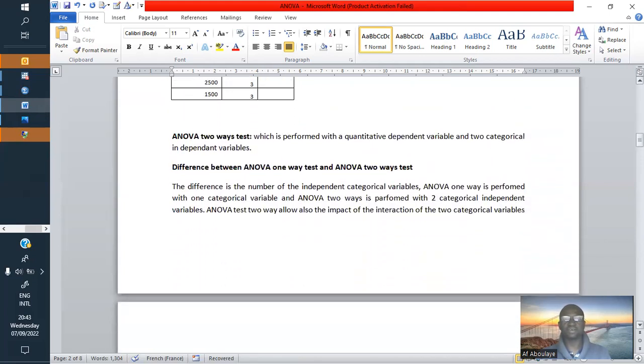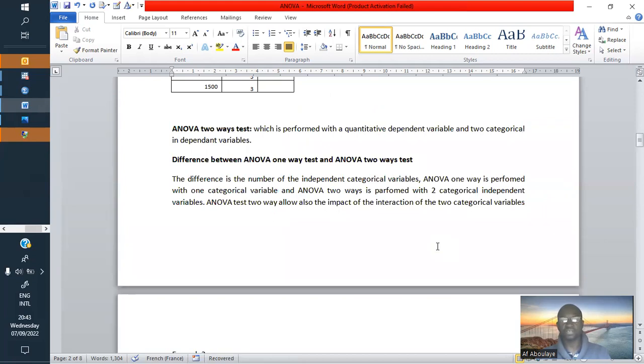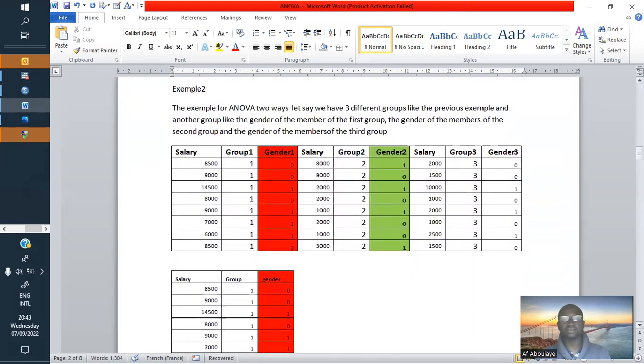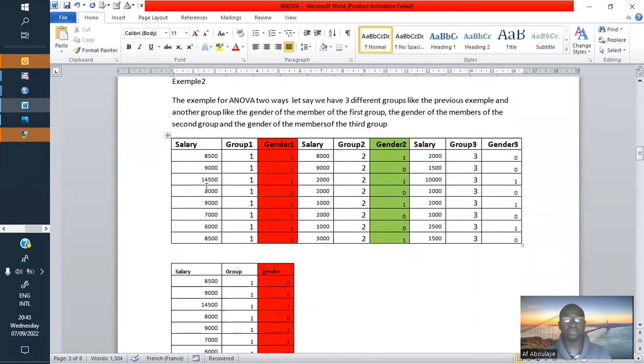Now, as I was saying, two-way ANOVA is performed with one quantitative variable and two categorical independent variables. I have already talked about the differences: it's the number of categorical variables. As an example for two-way ANOVA, we have salary, which is quantitative data. We have group, and now we also have gender, which is binary and which we can also classify as a categorical one.